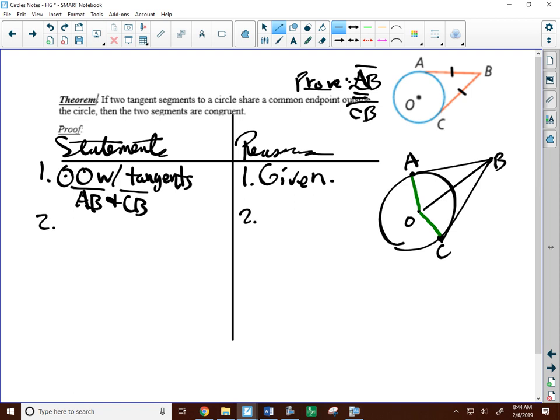And then if the triangles are congruent, wouldn't AB and CB then be congruent? It often does, right? Like the quadrilaterals, most were triangles. There's another one that comes back to triangles too.